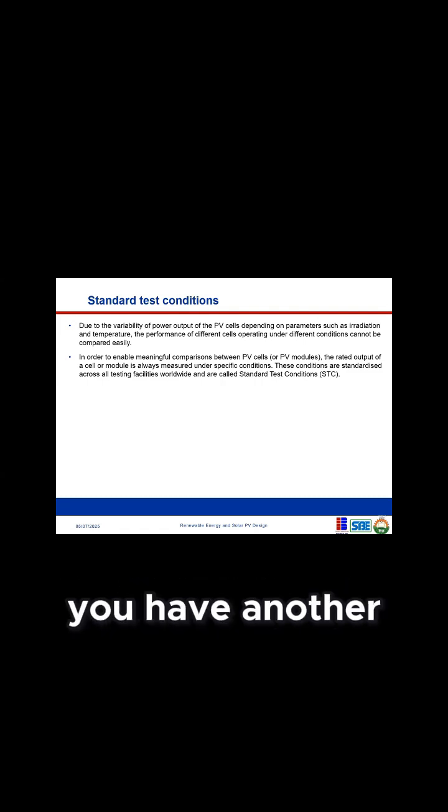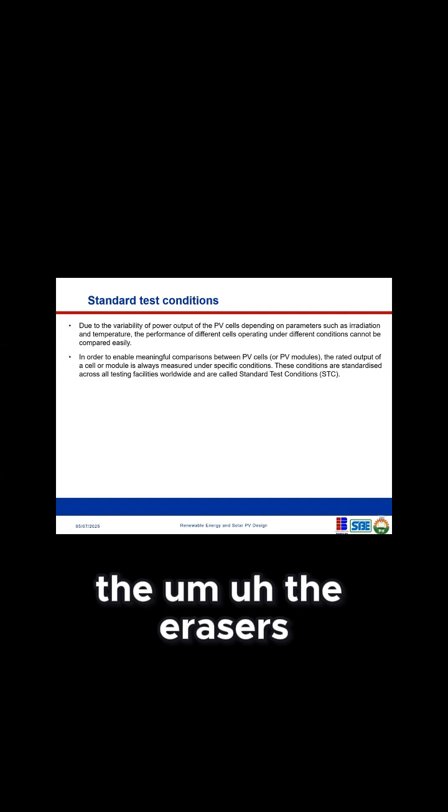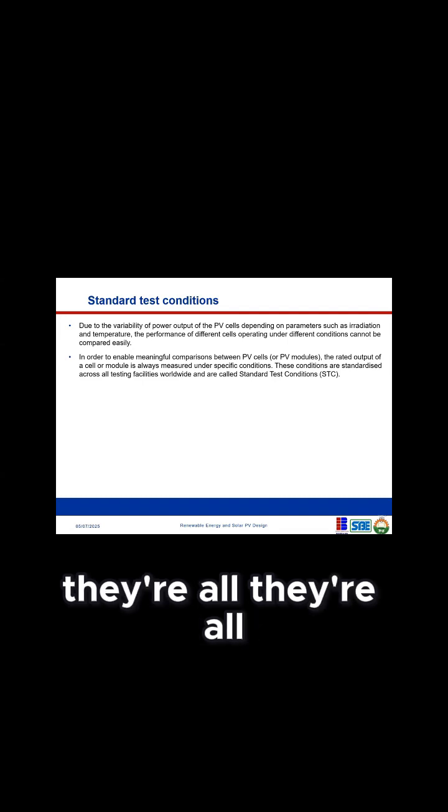If you have a certain solar panel installed in Germany and you have another panel installed in Nigeria, you might not be able to compare them because their operating conditions vary. The temperature and the irradiance are all different. So at what condition are the solar panels giving their ratings?